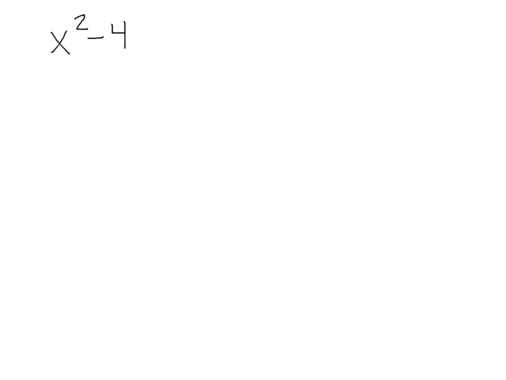What should I write first? Two binomials, because the difference of squares will always factor into two binomials. Then I take the square root of x squared, which is x, and I put it first. And I take the square root of 4, which is 2, and I put it last. And then the signs just have to be different. What are they? Plus and minus. I'm done. I factored a difference of squares.